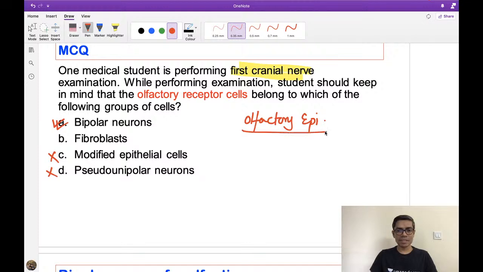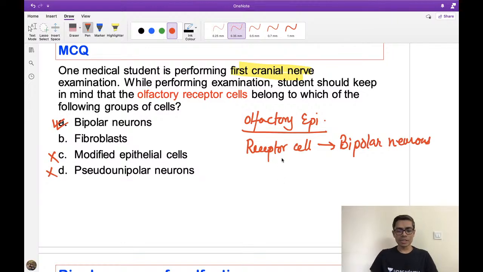Now this olfactory epithelium contains receptor cells, and these receptor cells are nothing but bipolar neurons, right? They are bipolar neurons.